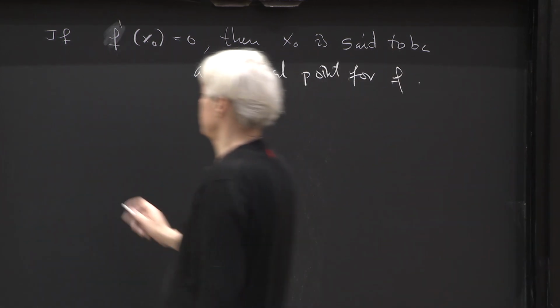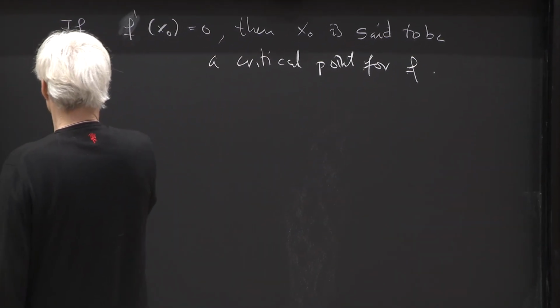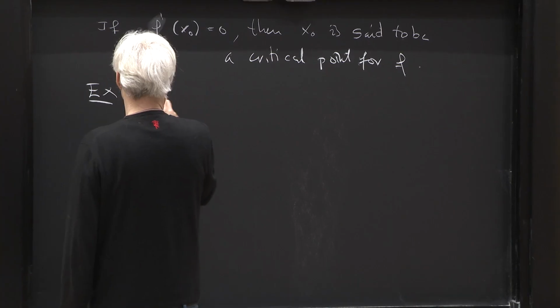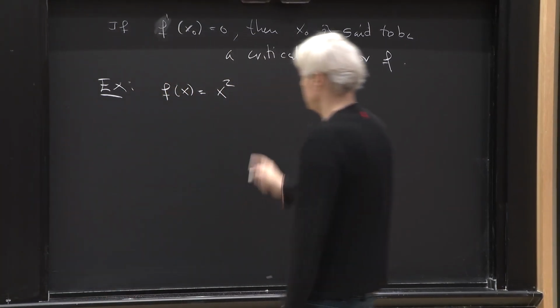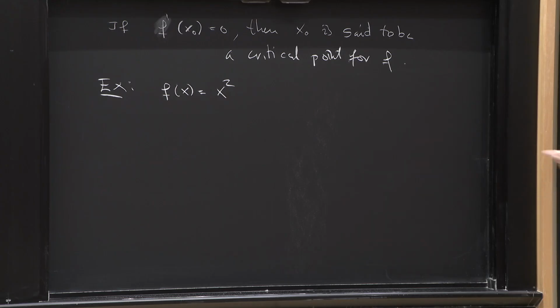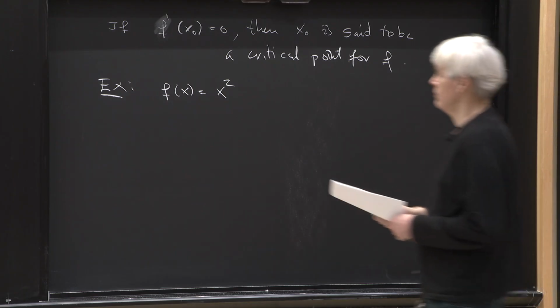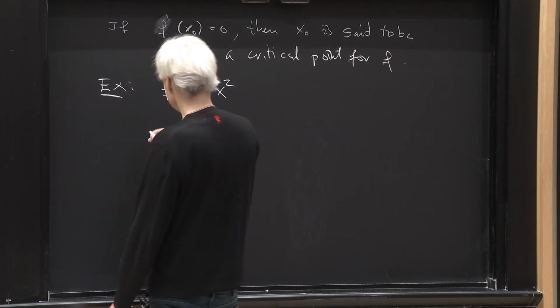Let me give you two examples. Suppose you take f of x equal to x squared. This here is a polynomial. We know how to compute the derivative of any polynomial. This is just using the Leibniz rule, together with what the derivative of the function f of x equal to x is.